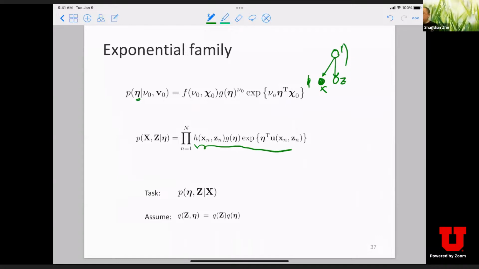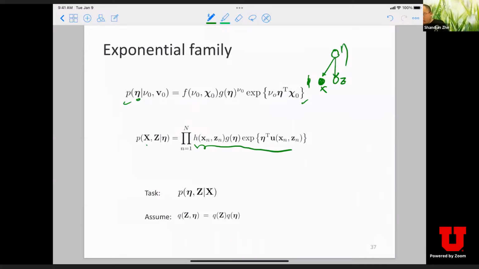If we recall, the prior of eta is conjugate to the exponential family likelihood. This is a general conjugate form for this exponential family likelihood.